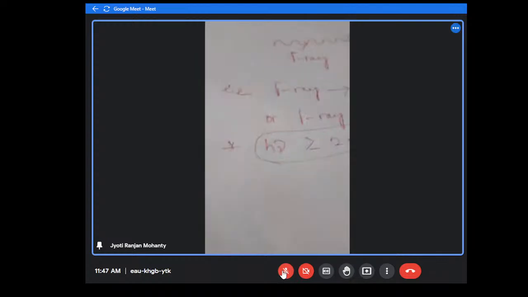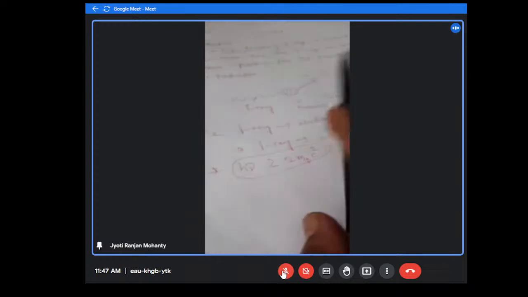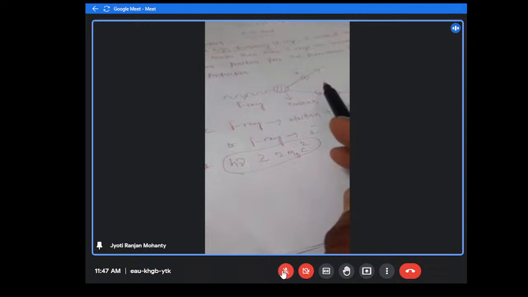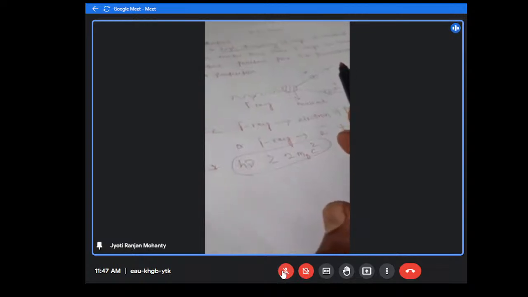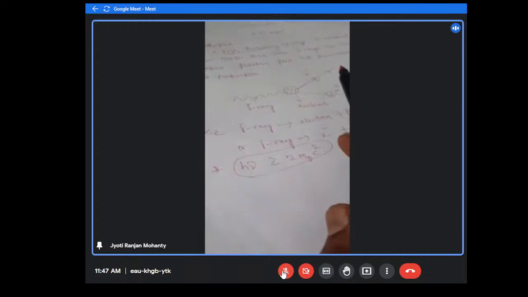We discussed the photoelectric effect, the Compton effect, and pair creation and pair production, where electron and positron particles are produced. In case of pair destruction, the electron-positron pair are destroyed.